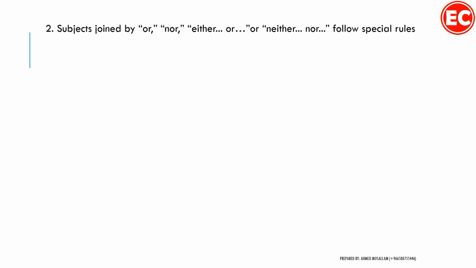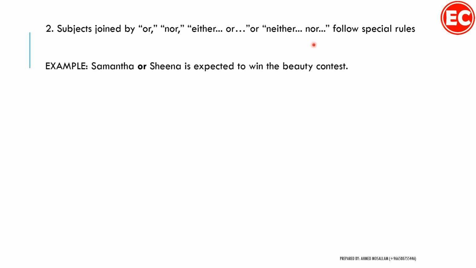Now we come to that very important topic, which is or, nor, either or, neither nor. Many students make lots of mistakes in it, although the rule is very simple. For example, Samantha or Sheena is expected to win the beauty contest. Here we have the verb is, although we have two people.